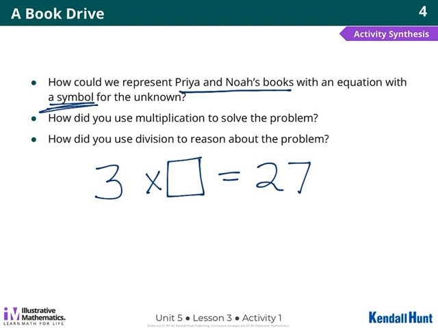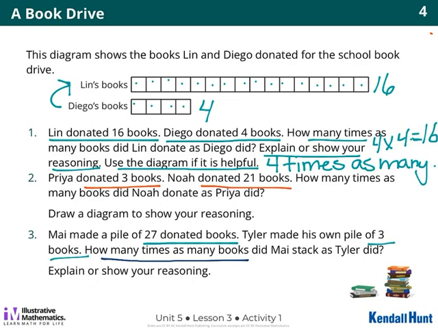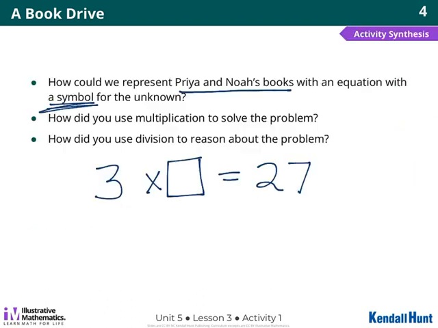One of their names. So if I'm trying to figure out Noah and Priya, well, we know how much they both donated. So in this case, I would probably just use N. But whenever we use a letter, it is called a variable. Everybody say variable. Okay.